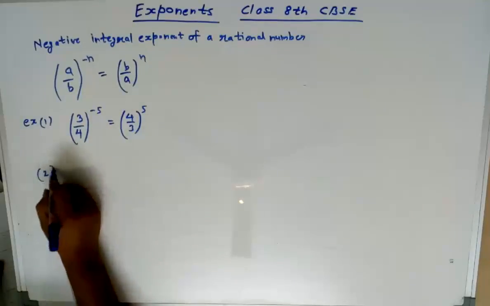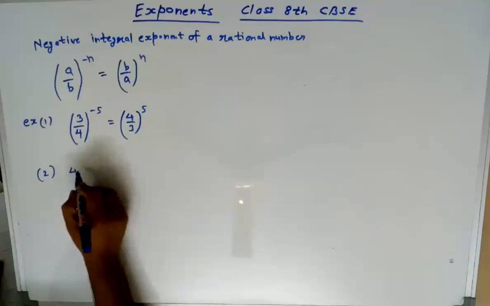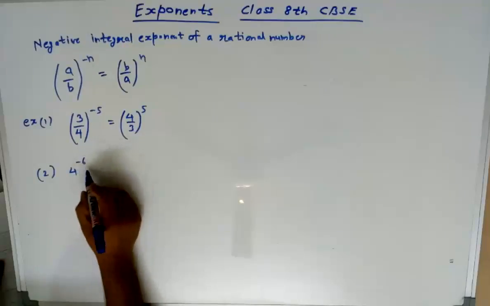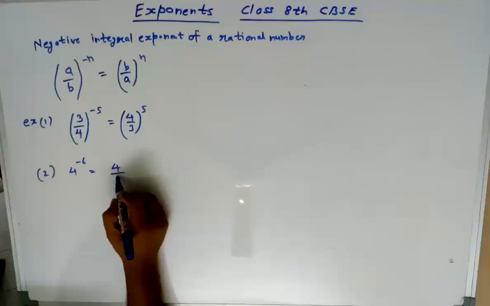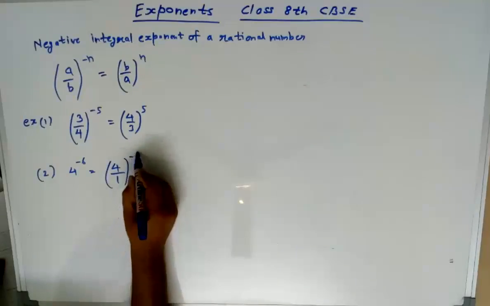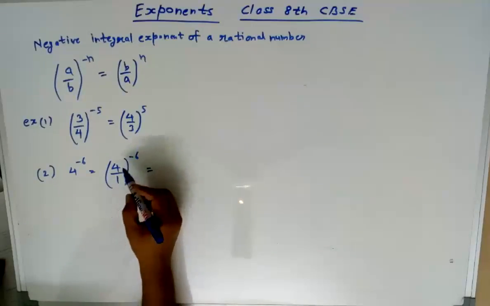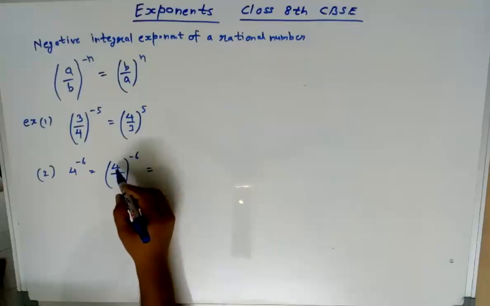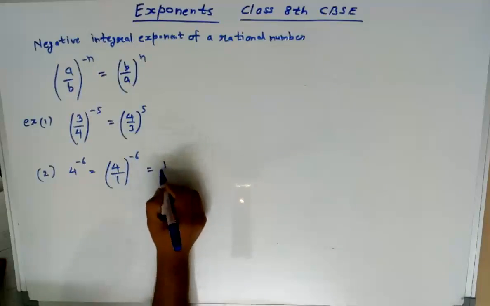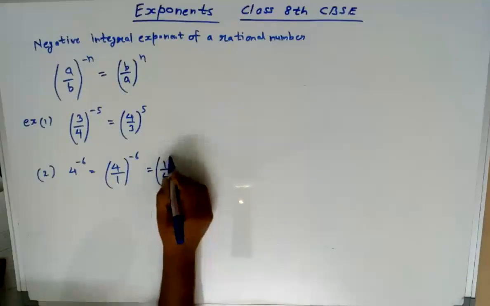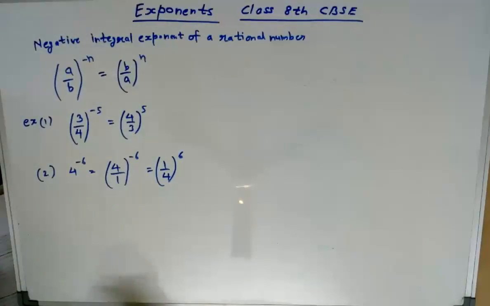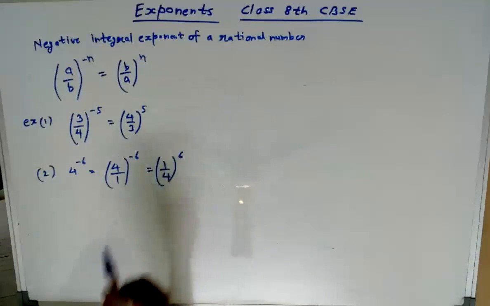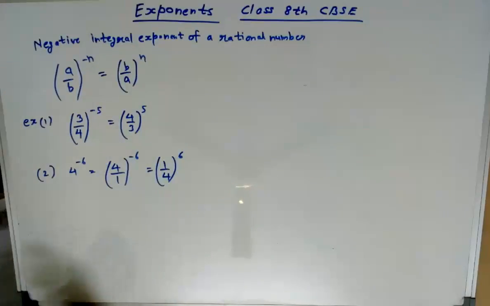Similarly, take another example, 4 raised to the power minus 6. We can write it as 4 upon 1 raised to the power minus 6, and we just take the inverse of this rational number, that is 1 upon 4, and the power will become positive. So this is how we deal with the negative integral exponent of a rational number.